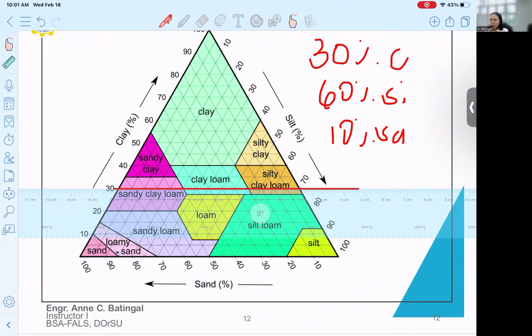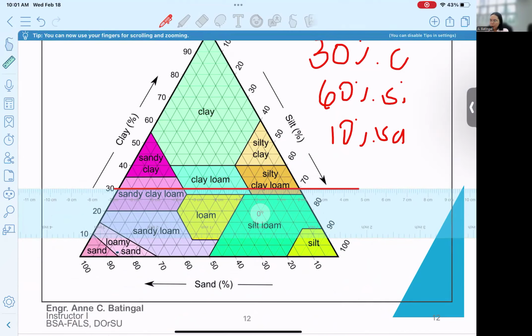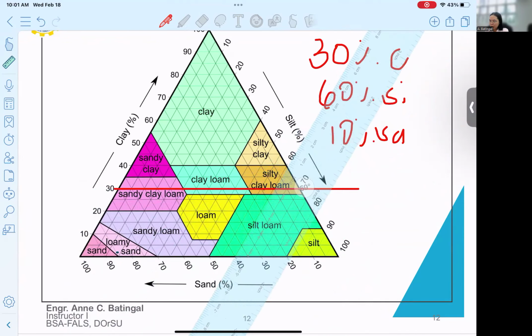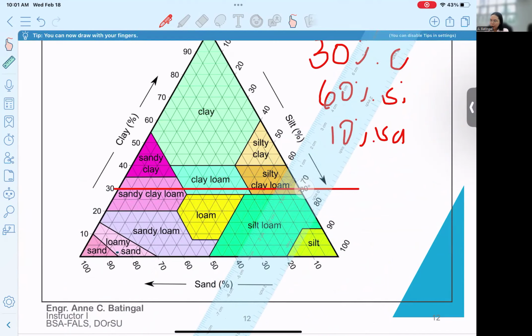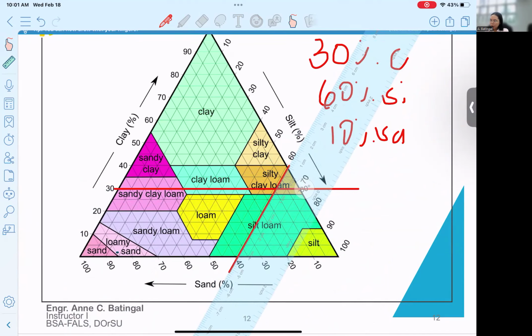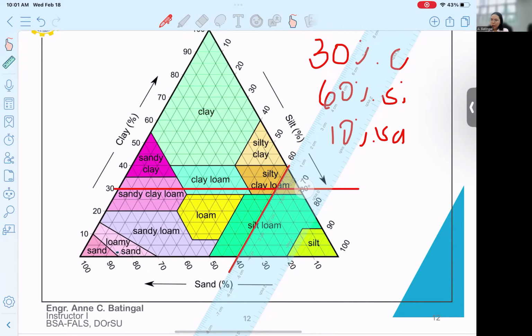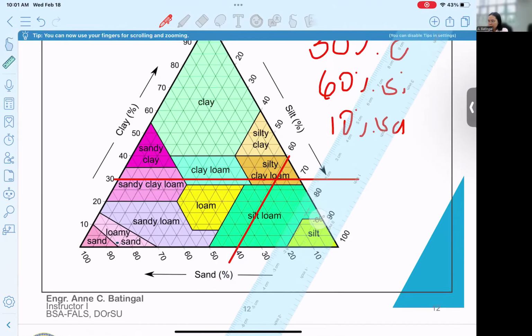Next is 60% silt. Where is 60% silt? After that, you form a line. And then, for checking purposes, check if they meet at the 10% sand.